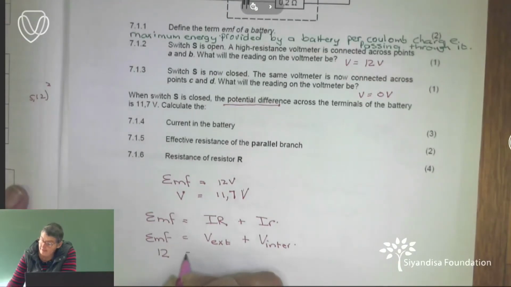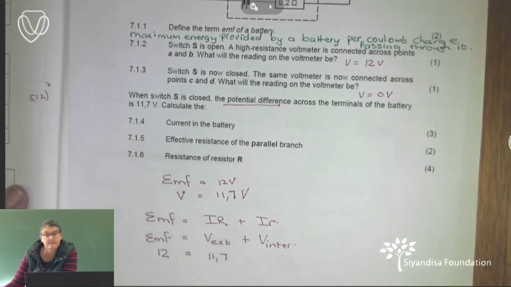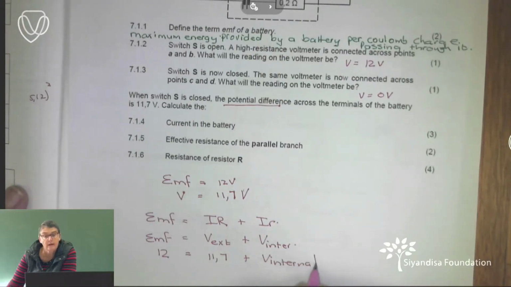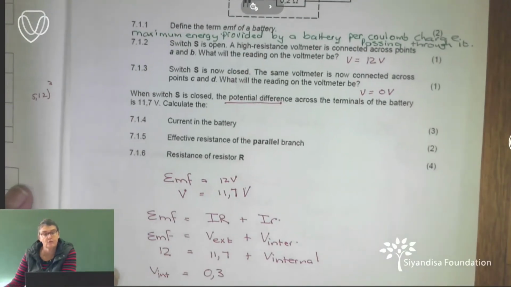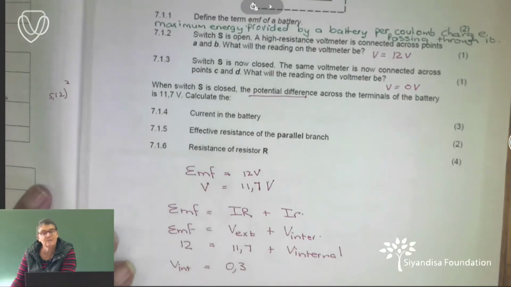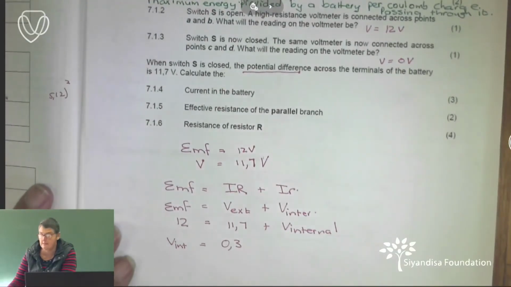We've been given the potential difference, which is now 11,7. So now we can work out V internal. Right. And if we work out V internal, we should get that V internal is equal to 0,3. 12 minus 11,7. Okay. I'm doing this in quite a long way so that you can just understand.